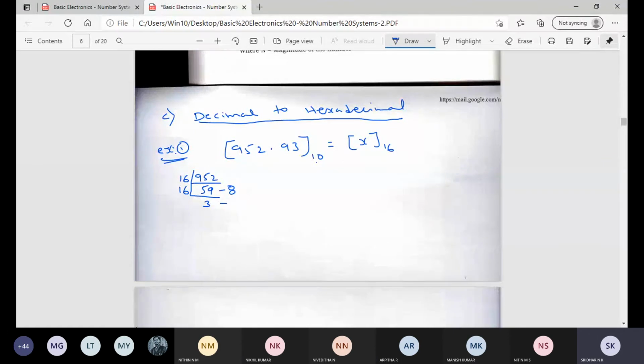Right, so I told you, write 11 itself, but what are the equivalent letters? A is 10, B is 11, C is 12, D is 13, E is 14, and F is 15. So this 11 is nothing but B. Write B and leave it.